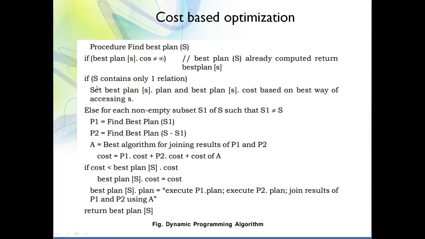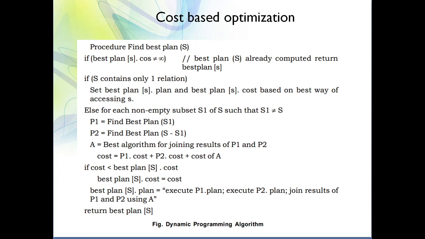So here what we are saying is, suppose only one relation is there, so in that case you can find a plan and its cost. Else, for each non-empty subset S1 of S such that S1 is not equal to S. Just imagine a situation that the S variable contains three relations, S1 tables are there.